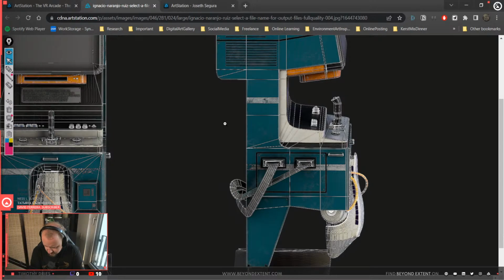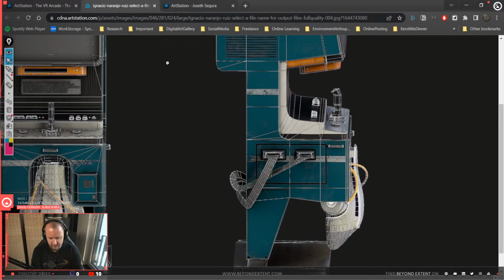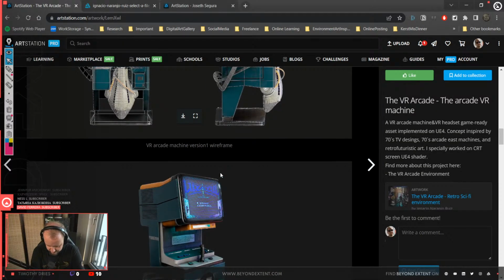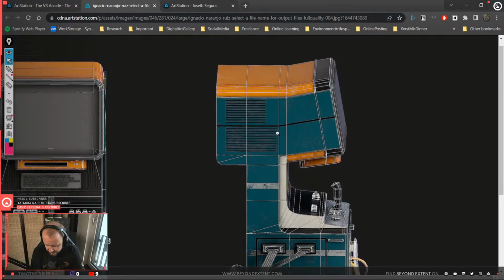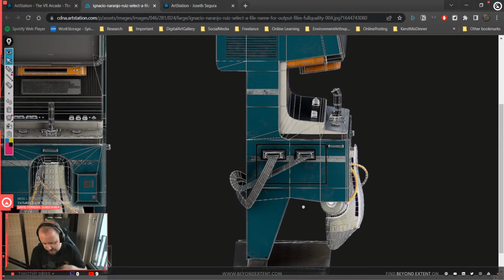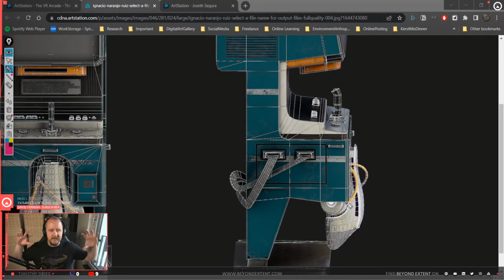You've done a lot of optimization on the wireframe already, right? But then you have certain areas which are really, really dense, like this stuff down here. If we're talking about wireframe, or well, topology is always in relation to the other parts of the same asset, right?